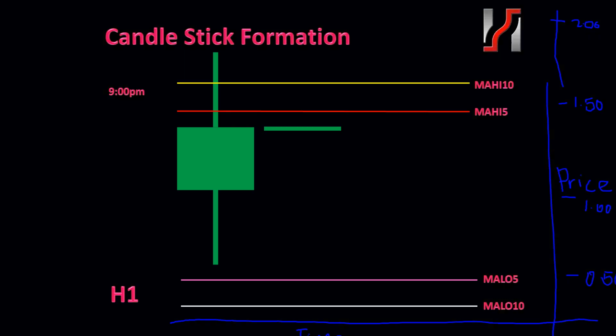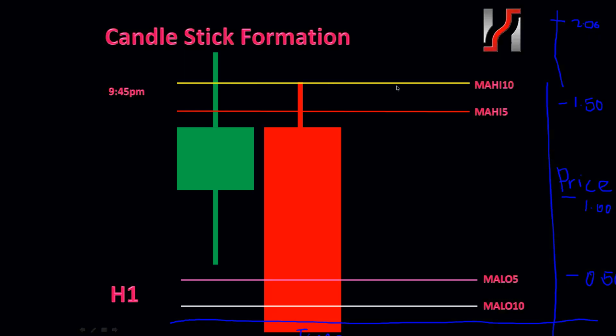Okay, so now let's talk about this new candle here. It opens at exactly where the initial candle has closed. After 50 minutes, it went back up to MA5 and MA10, and then another 30 minutes at 9:45, it fell down to MA low 5 and MA low 10, breaking those two lines over there. And finally, at 10 p.m., it registers below MA low 10.